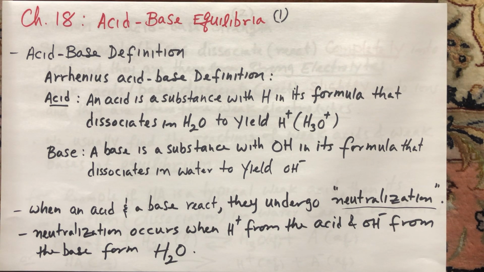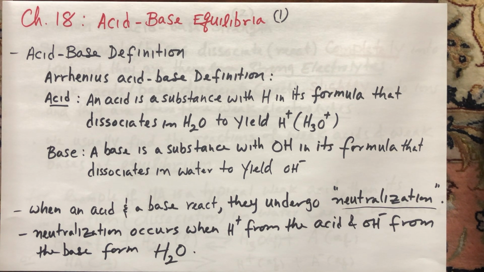The first and foremost definition of acids and bases are extremely important, and then we're going to proceed to other concepts like conjugate acid-base pair, the other types of definition of acid bases that are important, and we will take a look at them as well.